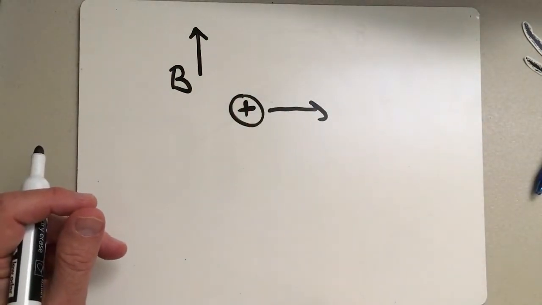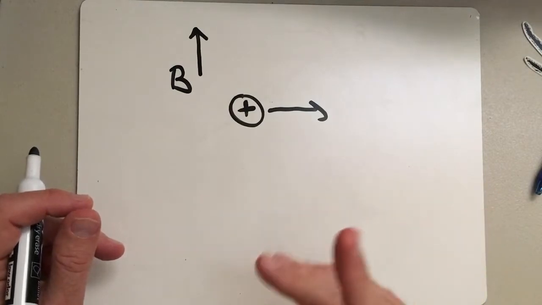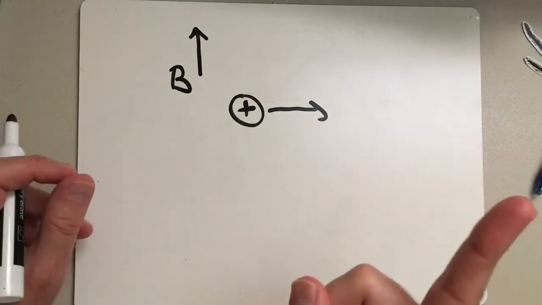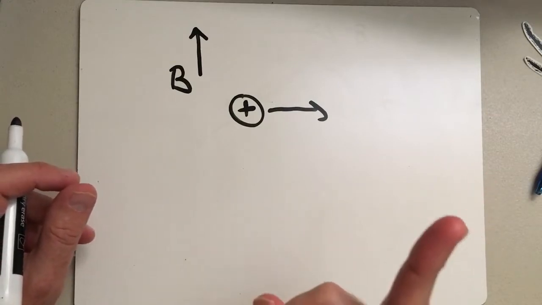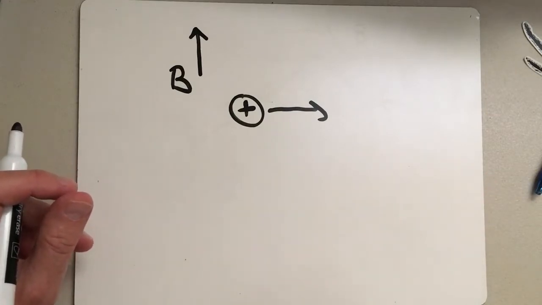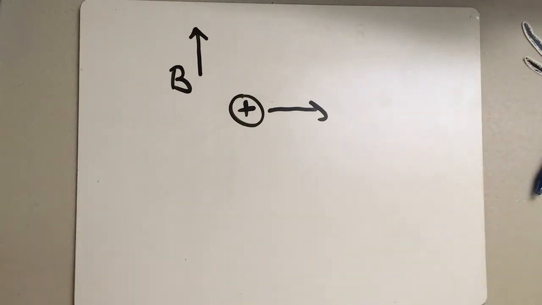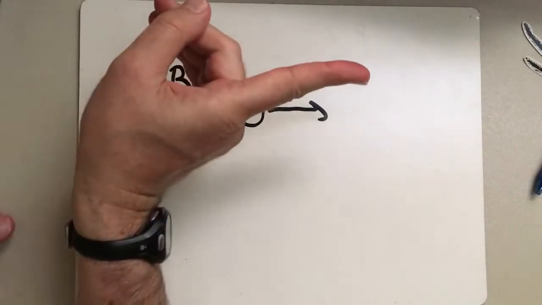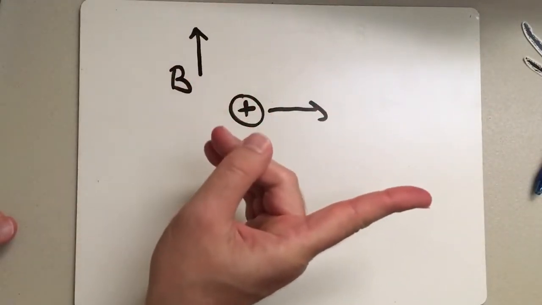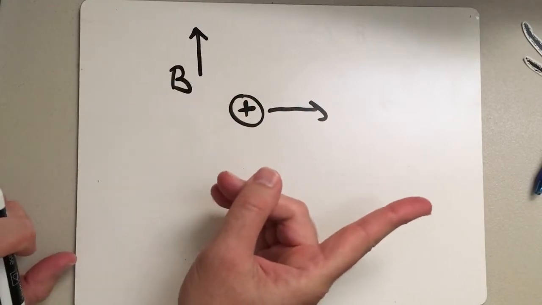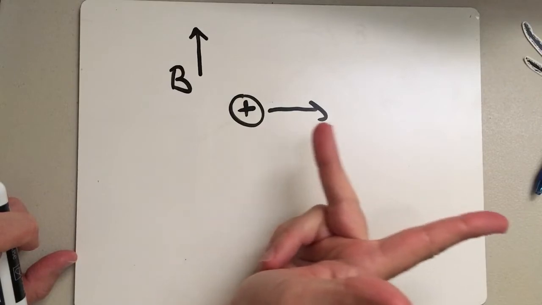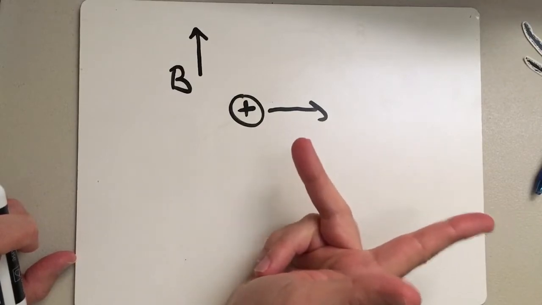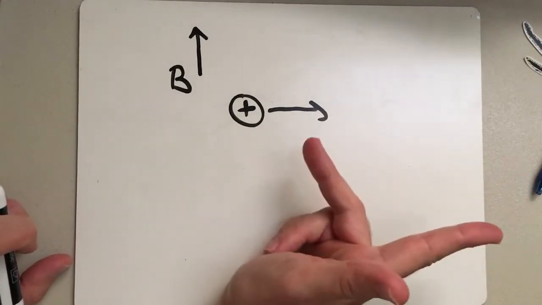The way you want to do this is you start with your index finger, and you point your index finger in the direction of the velocity. In this case, the velocity is pointing to the right. So my index finger is going to the right. Then you take your middle finger and point it in the direction of the magnetic field. The magnetic field is pointing straight up.